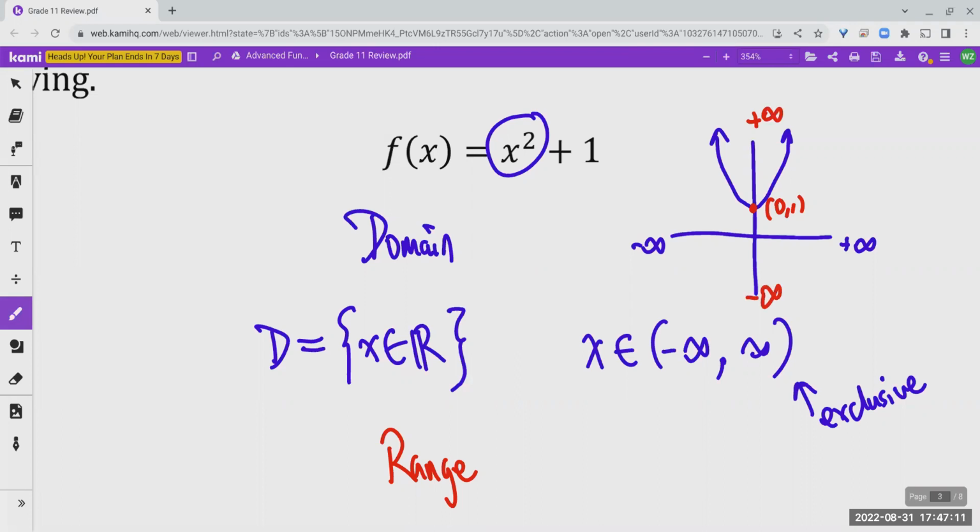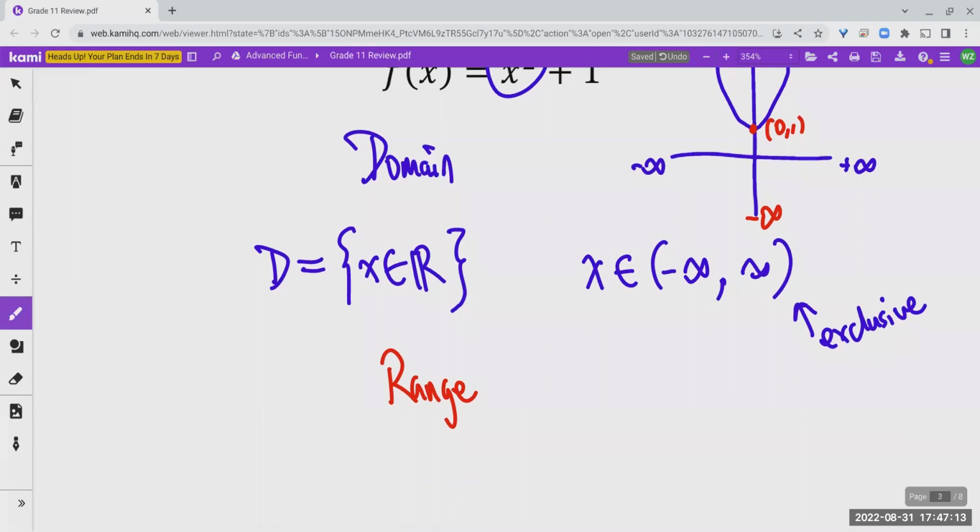So y ranges from 1 to positive infinity. All right, cool. Let's write that. So range: y is an element of the real numbers such that y is bigger or equal to positive 1. There it is. Make sure you write bigger or equal to, because y can be 1.